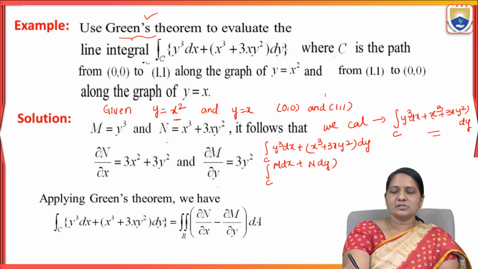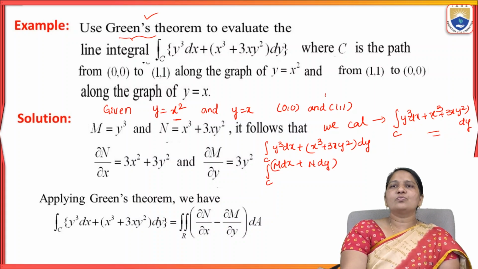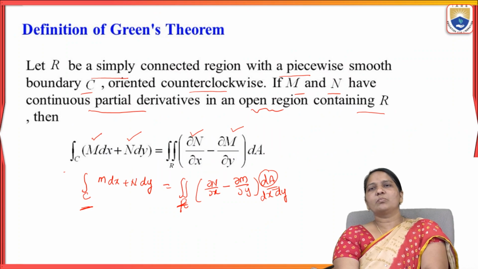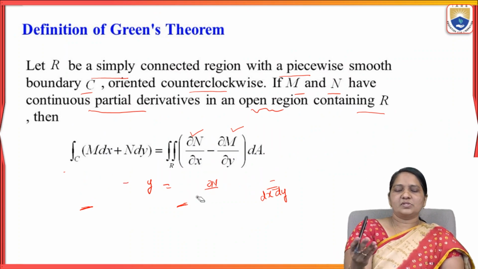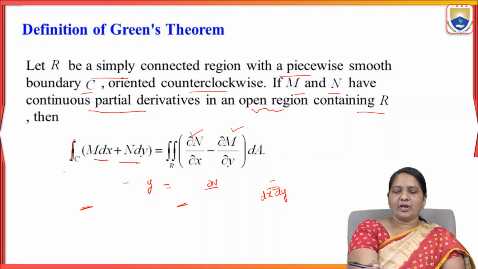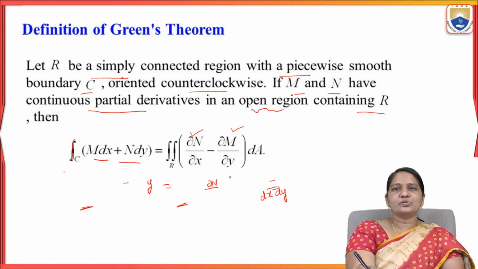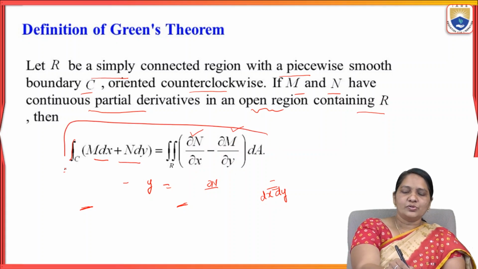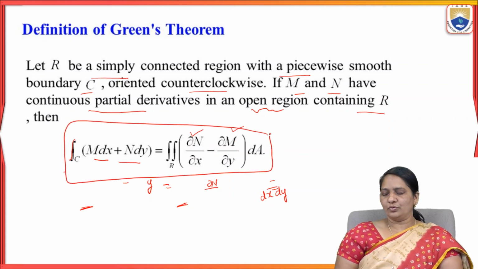First we should know the statement of Green's theorem. The integral over C of M dx plus N dy equals the double integral over R of dou N by dou x minus dou M by dou y dA. This is the statement we are going to use.